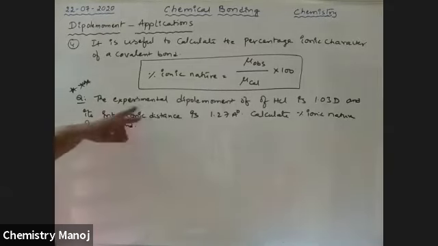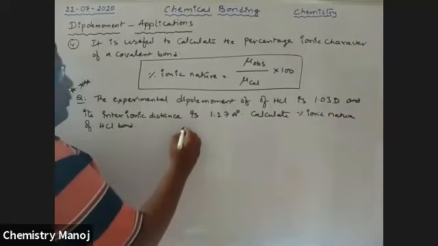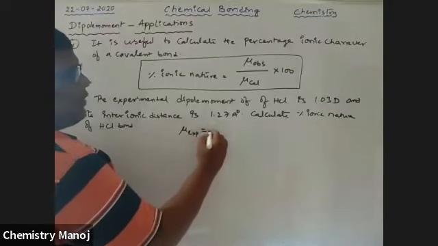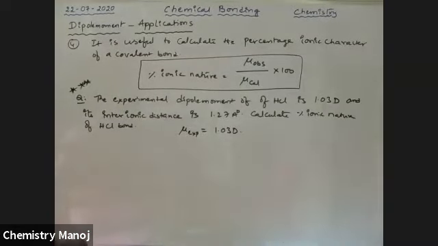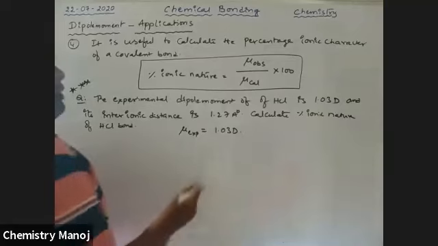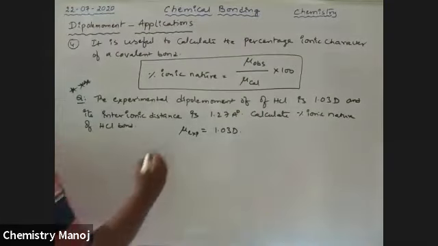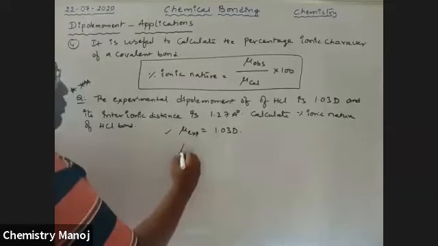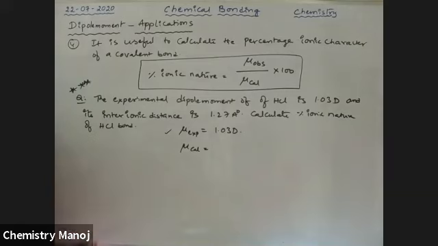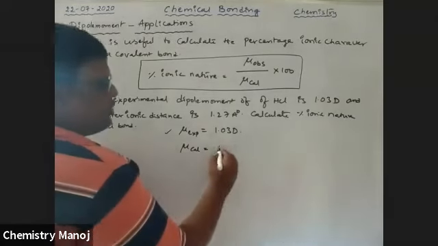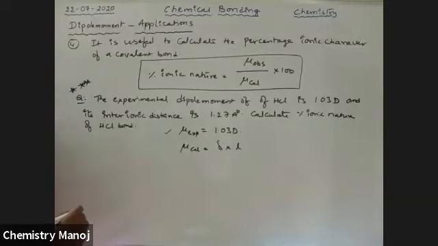So the experimental dipole moment of HCl, mu experimental value, is already given to you, that is 1.03 debye. Now I want to calculate the calculated mu value. How to calculate mu? The formula is charge into distance.